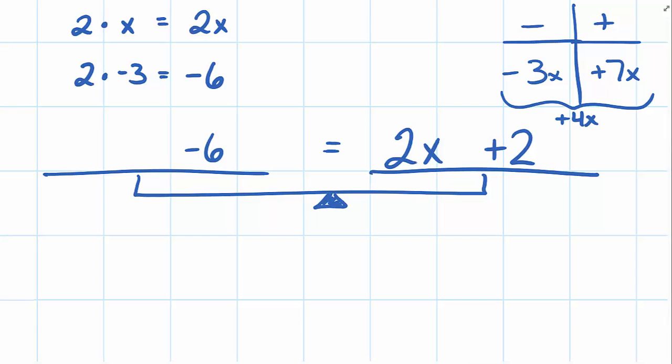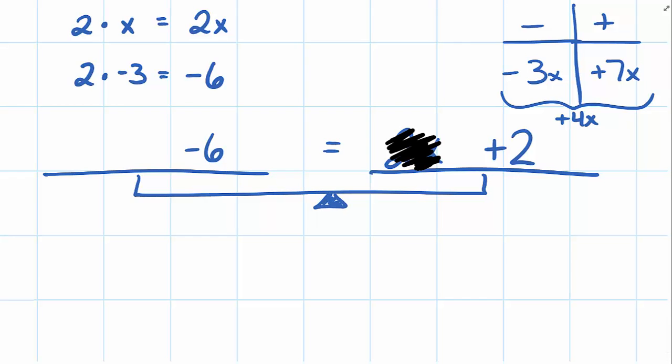And so now what I like to do is cover up my 2x and say, what number plus 2 is going to give me negative 6? Well, it's got to be some sort of negative number, doesn't it? If we think about it hard enough, you may be able to come up with negative 8. And then from there, we can get our answer.